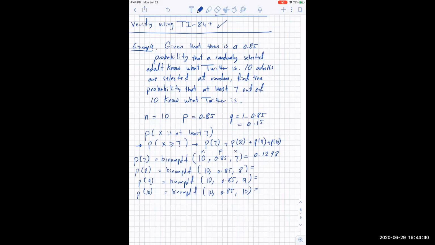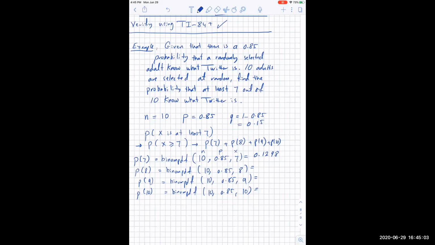And then the next value. Are you getting the same numbers I'm getting, guys? Binomial PDF, 10, 0.85, and the next value is 8.